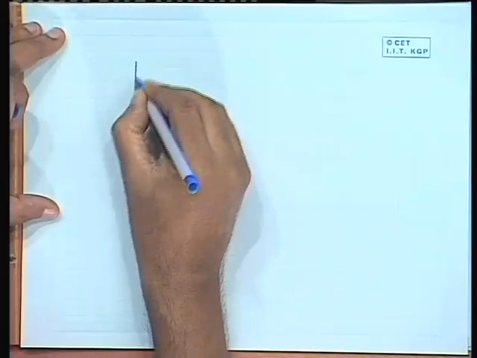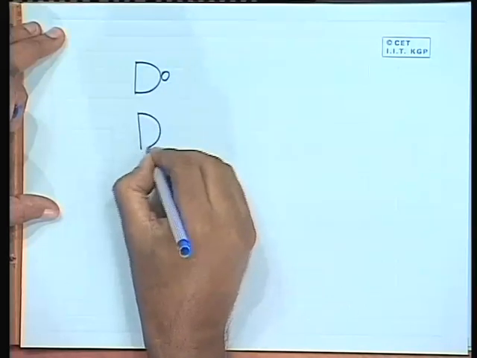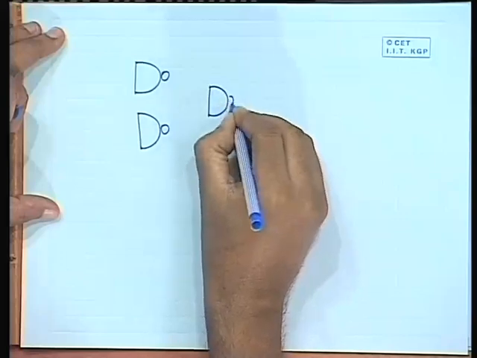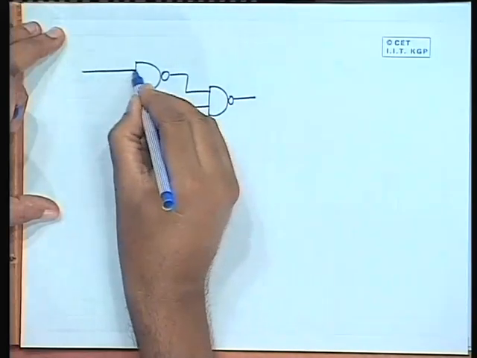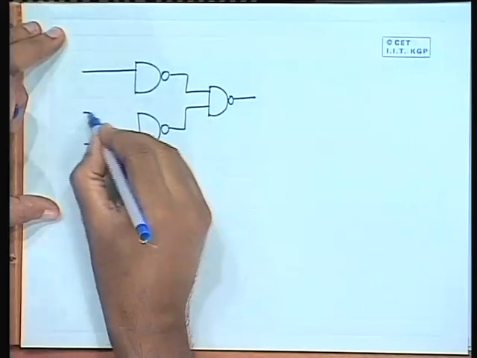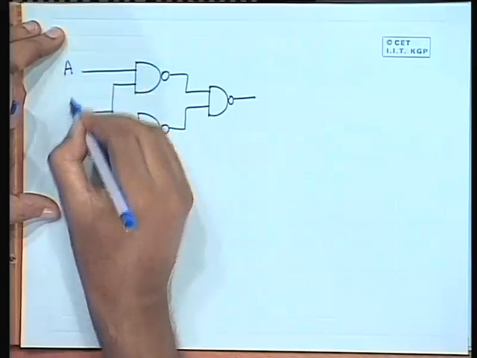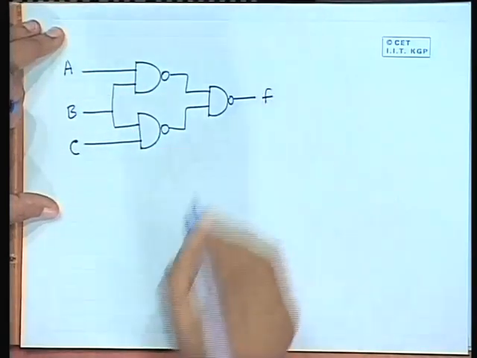Let us take a simple gate level circuit, say a 2 level NAND circuit. So, the inputs are A, B and C and the output is F.